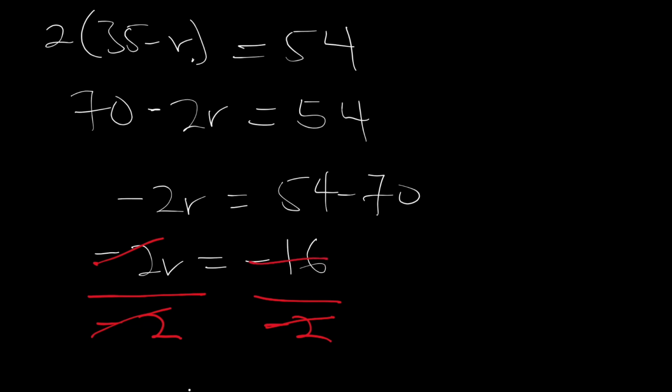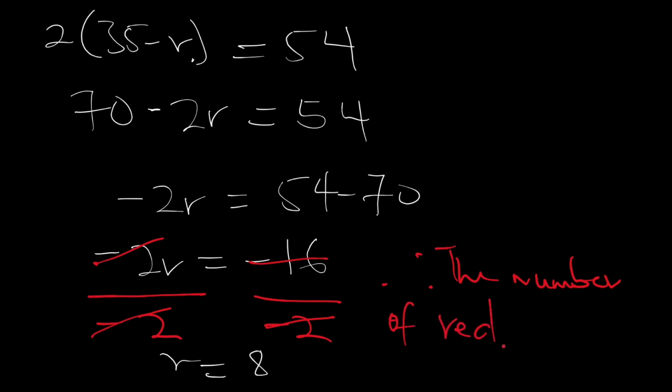So our R is equal to 8. Therefore, we can say that the number of red balls is equal to 8. So that brings us to the end of question 4b.